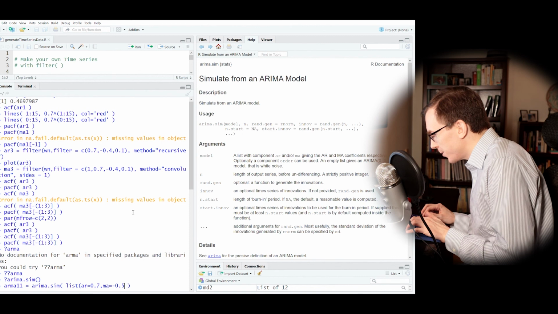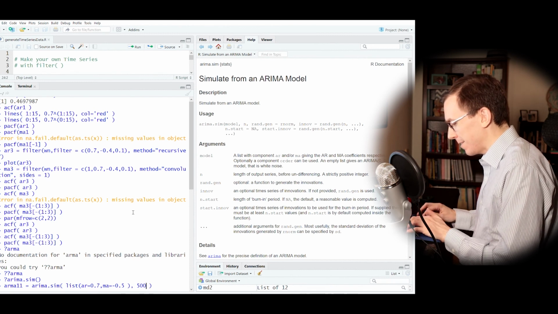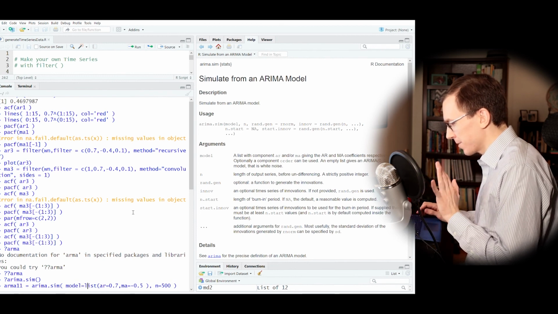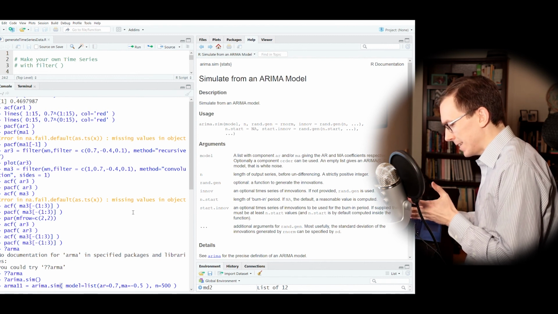I think everything else should be good. Oh, we need to tell it how many data points we want. So let's say n is 500. I'm going to make sure it knows that this is the model, even though it's the first argument, so we should be good. Our noise is going to be random. Let's see if that works.